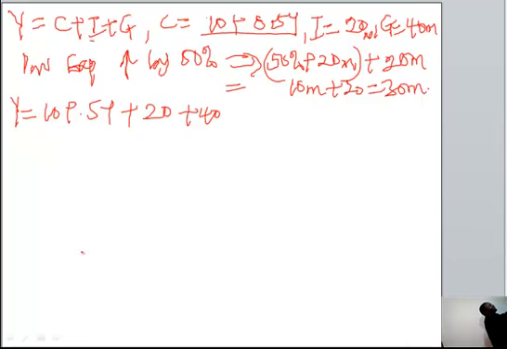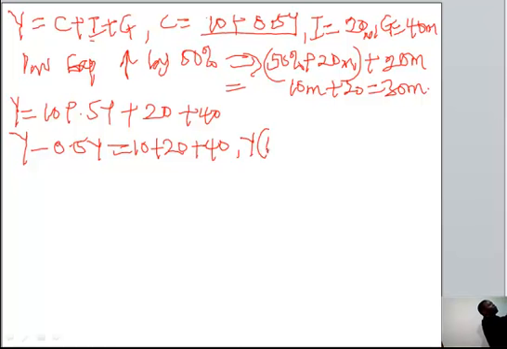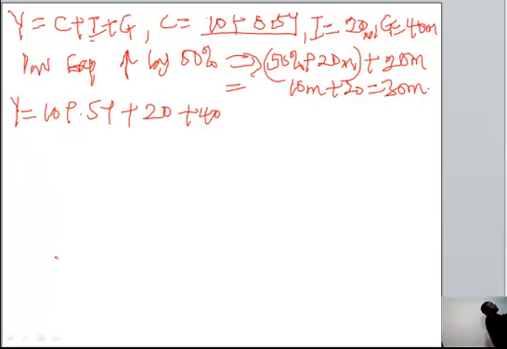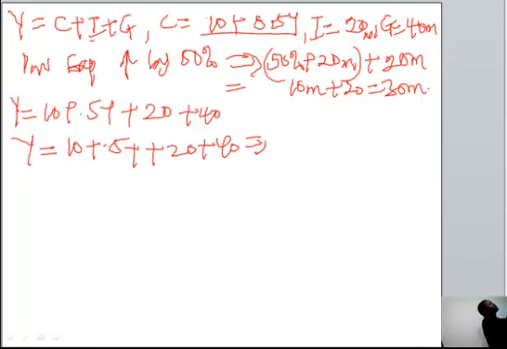If you collect like terms, we have Y equals 10 plus 0.5Y plus 20 plus 40, which implies Y minus 0.5Y is equal to 70.